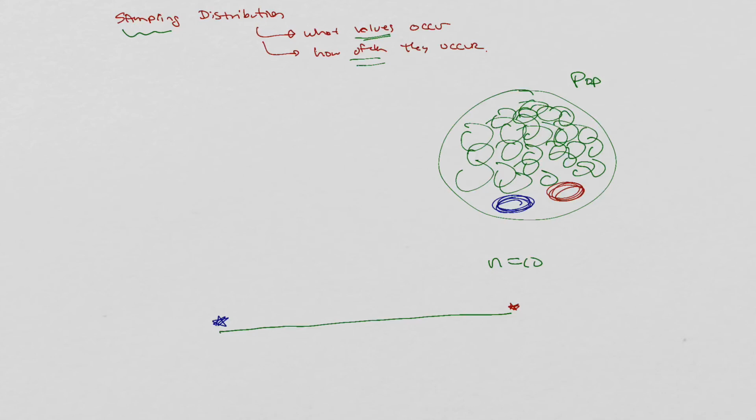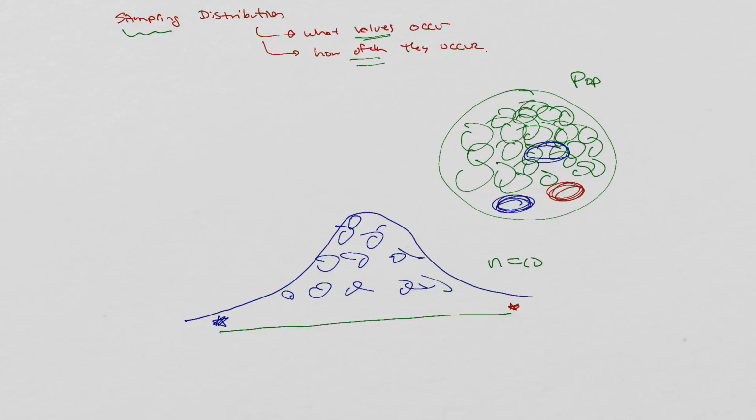But most of these samples probably have some high scores and some low scores. So most of them are probably somewhere here in the middle, right? Where most of them will probably be right here in the middle as we start taking bigger numbers. So when we look at the sampling distribution, what it starts to look like is this normal curve, right?